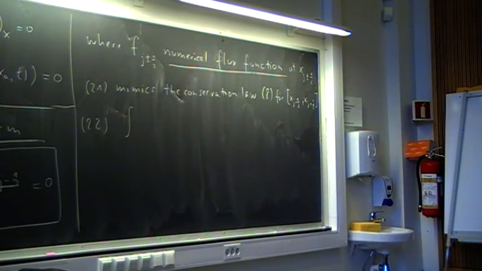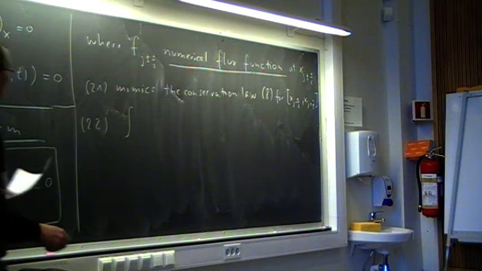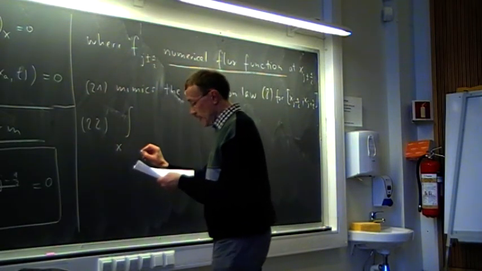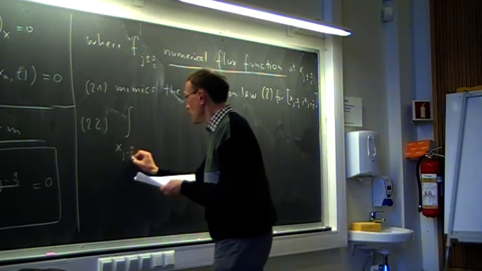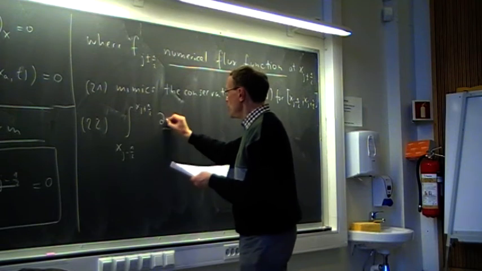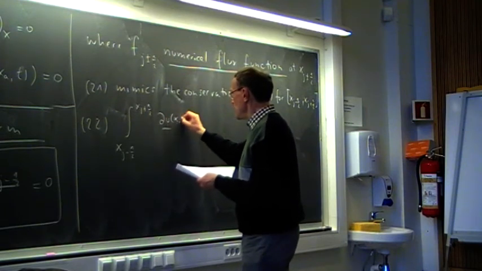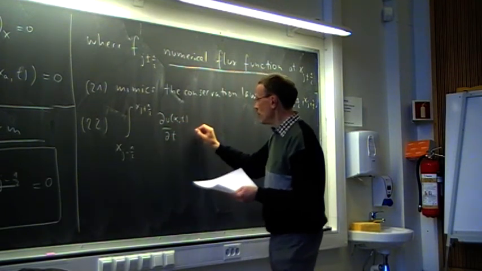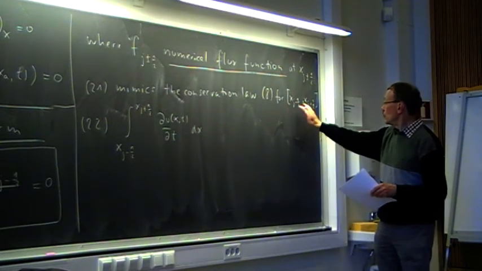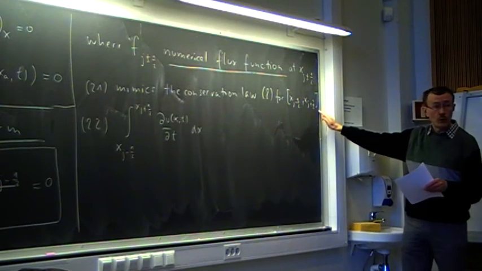For that we can now do the conservation, and then we will have the integral from xj minus 1/2 to xj plus 1/2 of du of x,t dt, the time derivative, integrated over this cell. This we call either control volume or cell.